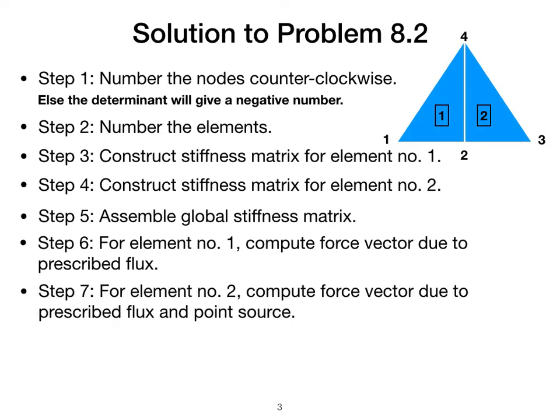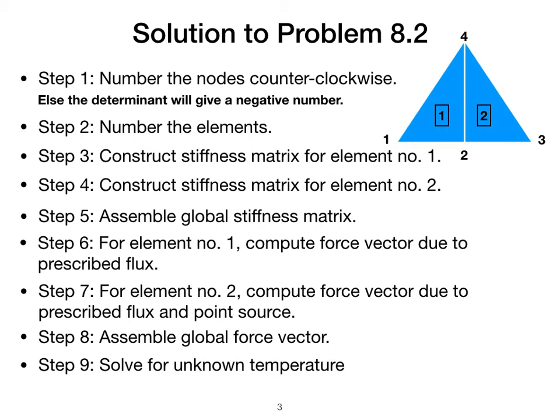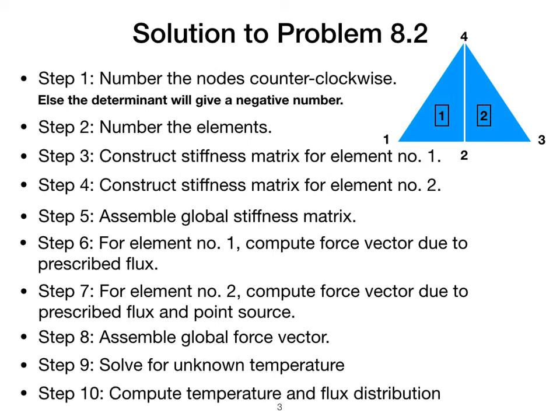Step 7. For element number 2, compute force vector due to prescribed flux and point source. Step 8. Assemble global force vector. Step 9. Solve for unknown temperature. And step 10. Compute temperature and flux distribution.